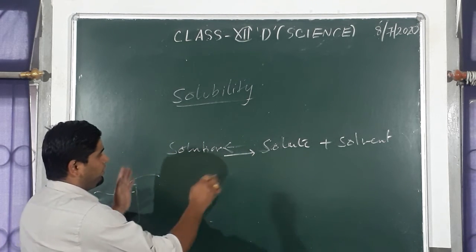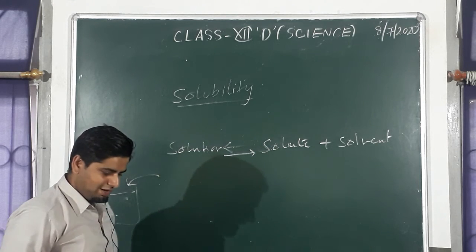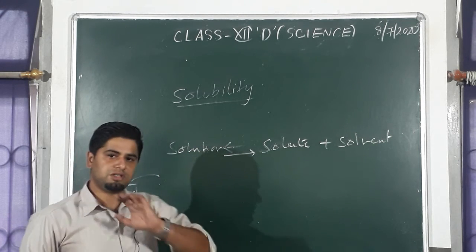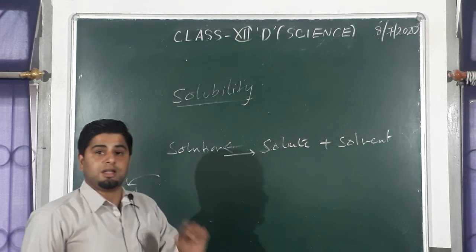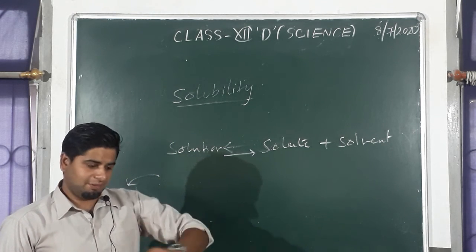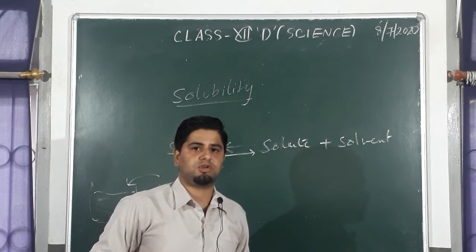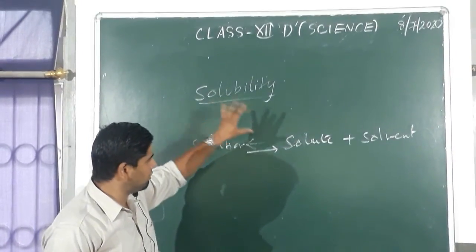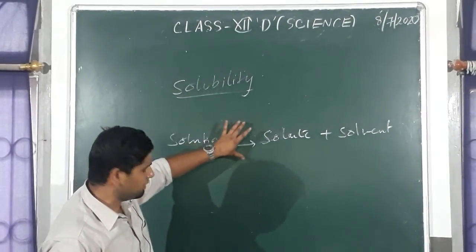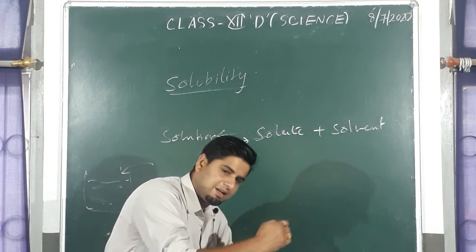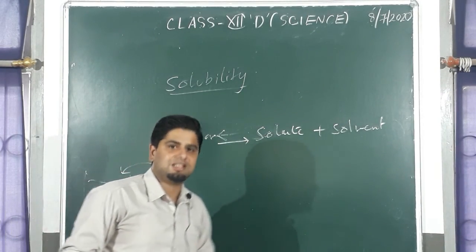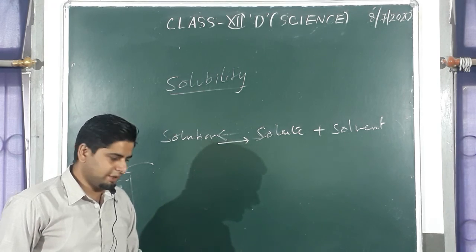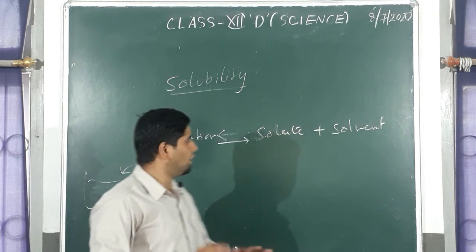When this forward and backward process are taking place simultaneously, or when equilibrium is attained, the solution becomes homogeneous. At that point no more solute can be added into the solution. This type of solution is called a saturated solution. Understood? So what is a saturated solution? It's the equilibrium attained when dissolution and crystallization are occurring simultaneously, or these two processes are at equilibrium.